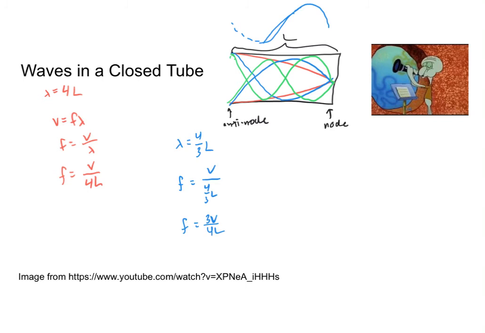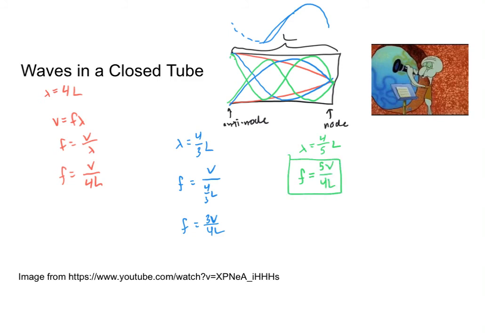For my last harmonic, lambda is equal to 4/5 of L, because I can fit 1 1/4 wavelengths, or 5/4 of a wavelength, into my tube. So that means that the frequency produced by the tube at this point is going to be 5v over 4L.